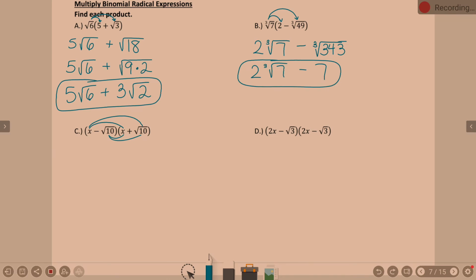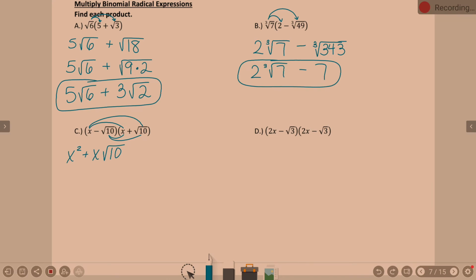So x times x is x squared. Remember when you multiply, you add the exponents. What about x times the square root of 10? I would say x times the square root of 10 is what I would write.